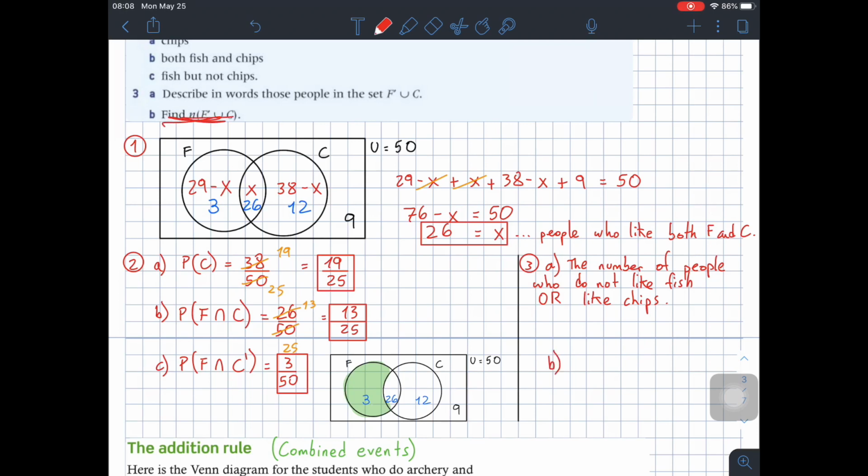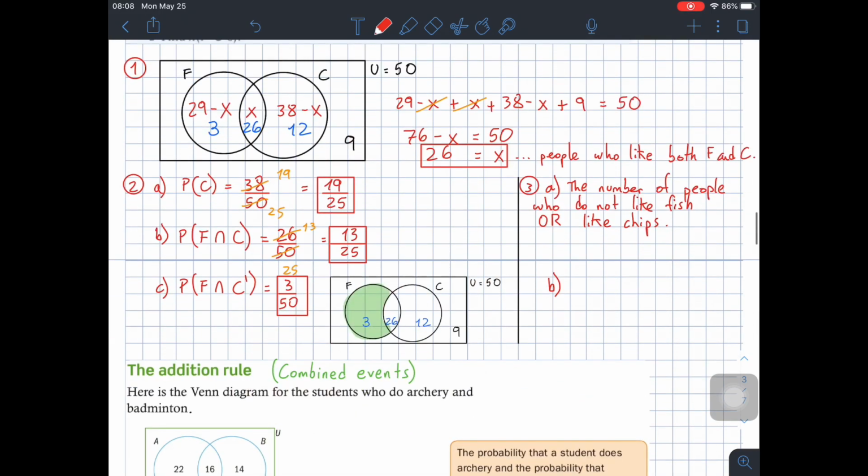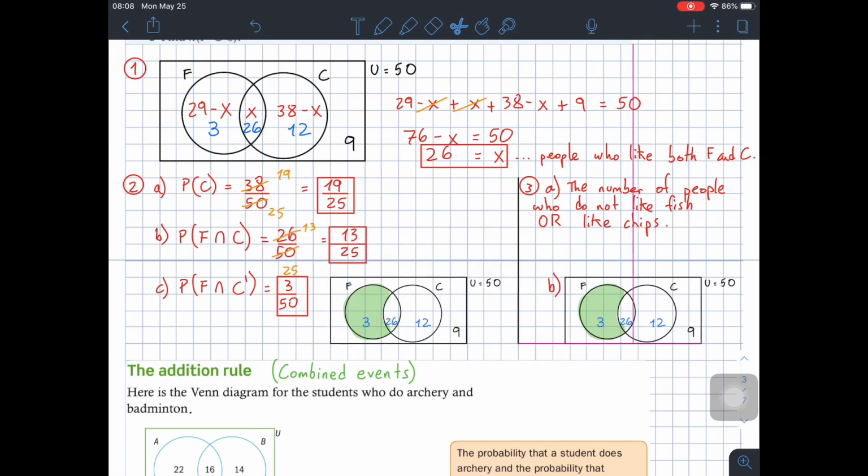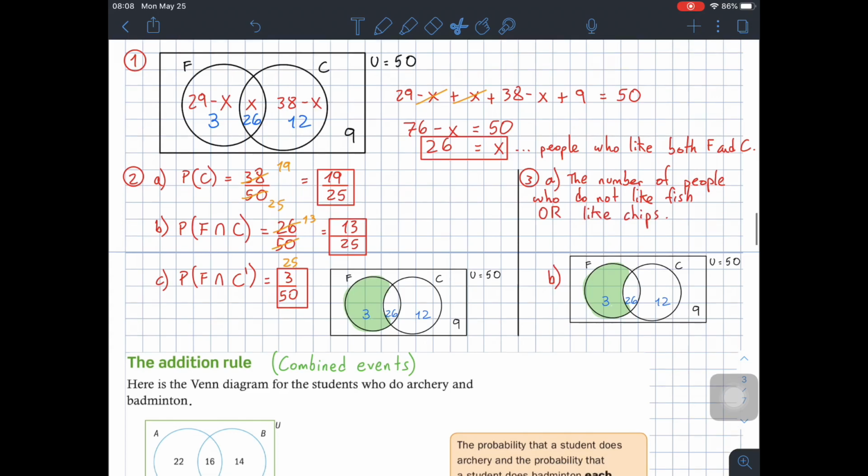says find the number of people who do not like fish or like chips, right? If we do, once again, the Venn diagram, let me copy this. If we do the Venn diagram for this, let's see if I can make it fit here.